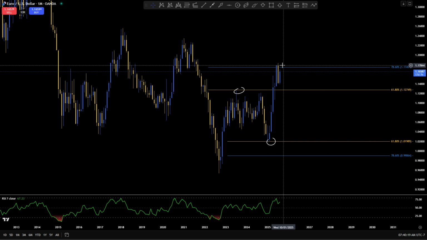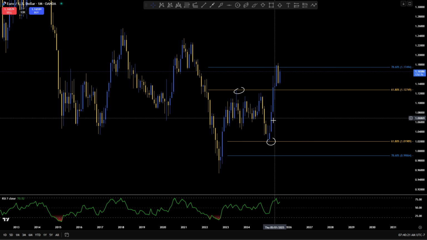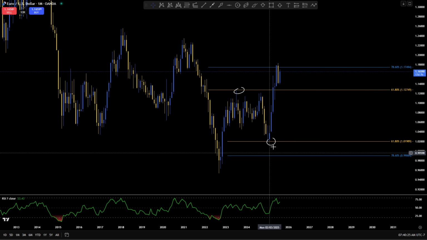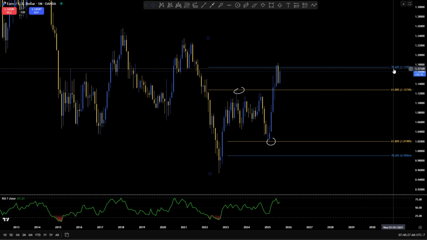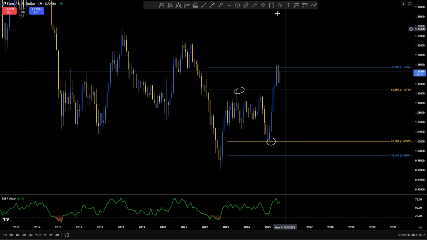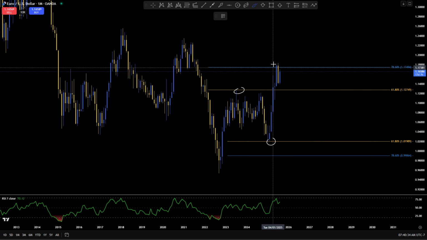This has what I would call 3-star confluence, meaning it has 3 levels that are confluent with each other. The first one is the 786 retracement of X to A. You see you wick up here and hit this 786.